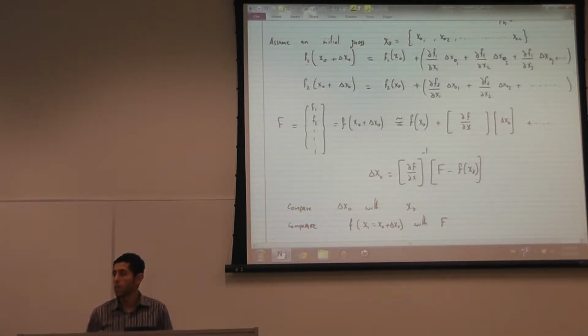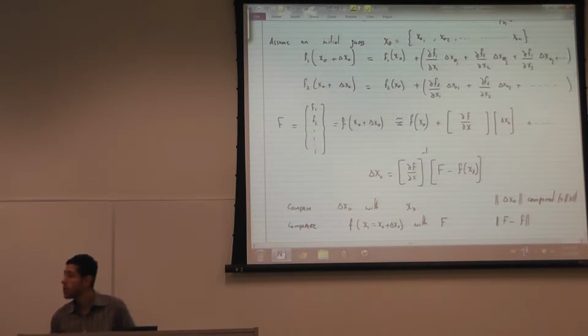You can compare them using the Euclidean norm, norm F minus small f, norm F, norm delta x naught, compared to norm x, for example.